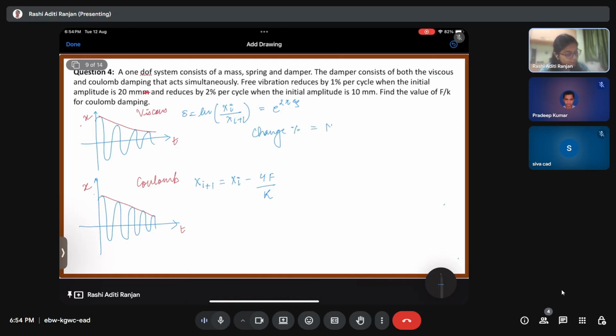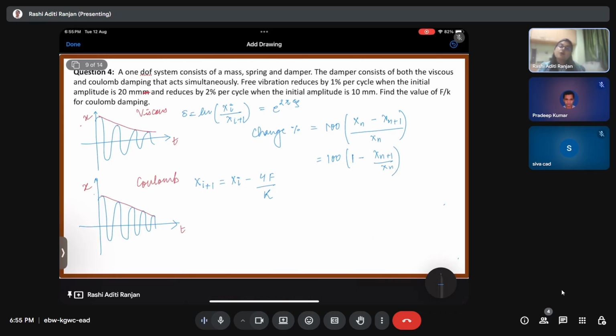It's going to be 100 into the initial state, so xn minus after one cycle xn plus 1, whole divided by xn, right? This will turn out to be 100 into 1 minus xn plus 1 by xn.